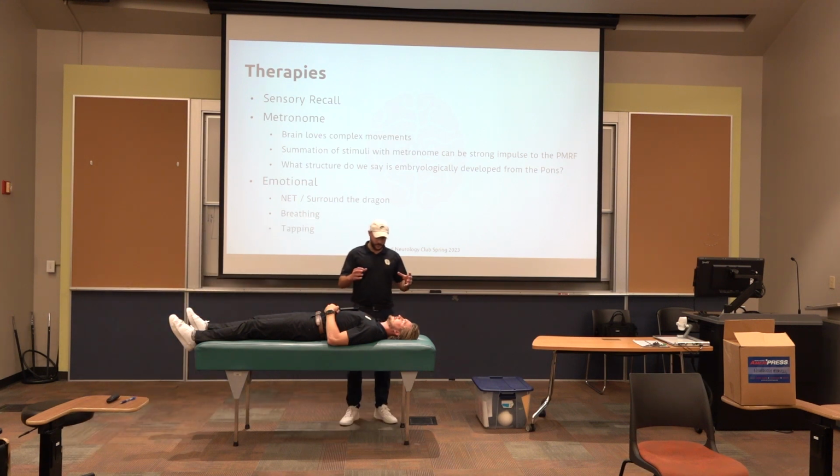Now, it really depends on if your patient can handle touch, because some dysautonomic patients that have issues with sensory might not like being touched. But for patients that can handle it, it can be a really good integration of that dorsal column up into the cortex, up into the parietal lobe, back down to PMRF. Does that make sense? I touch them, sensory, parietal, PMRF.